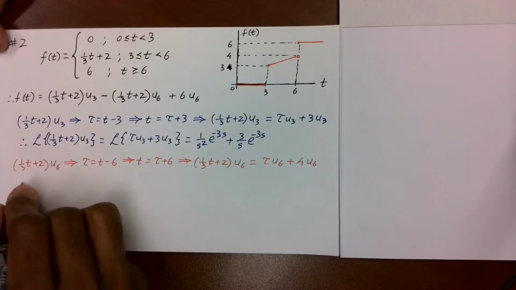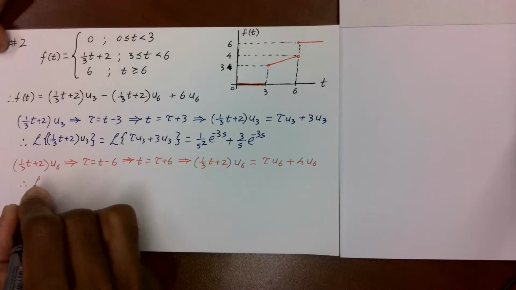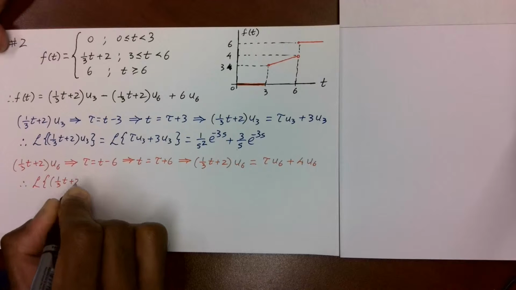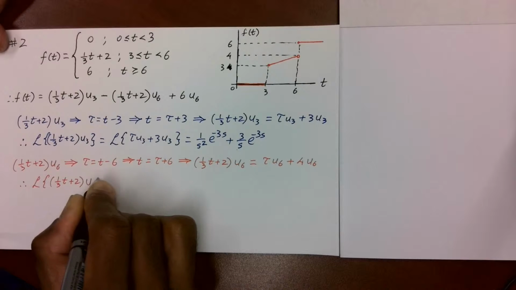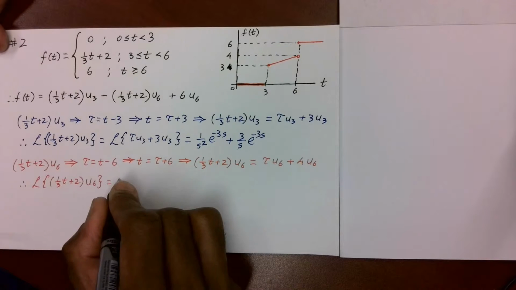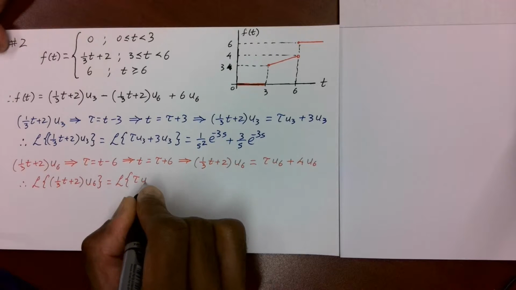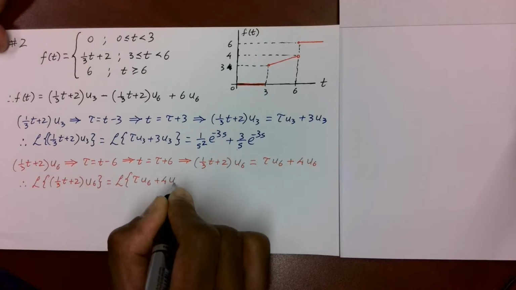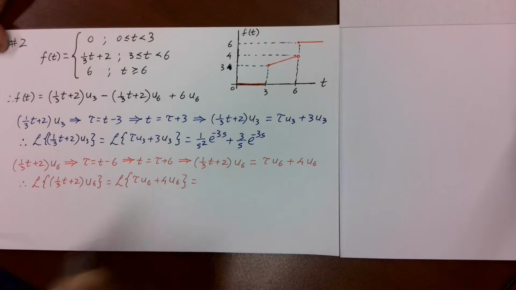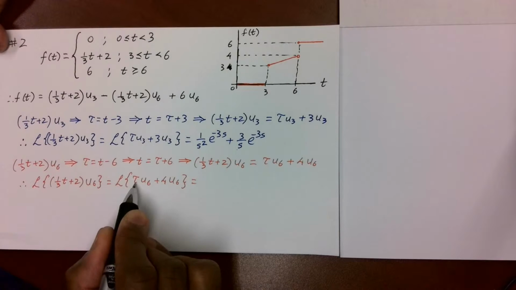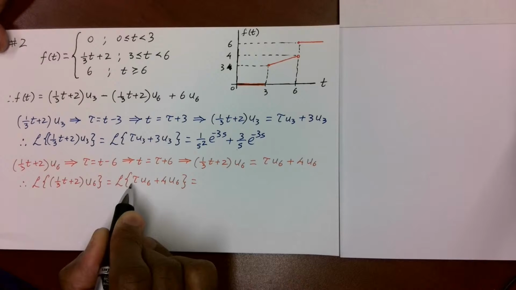And therefore, we may take the Laplace transform of (1/3 t + 2) u6, which is the same as taking the Laplace transform of tau u6 + 4 u6. Again, remember the Laplace transform of tau, you can get that from the list of transforms.